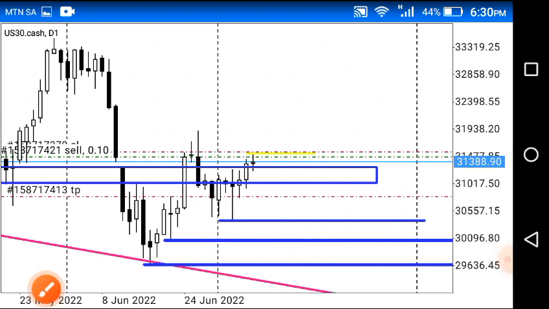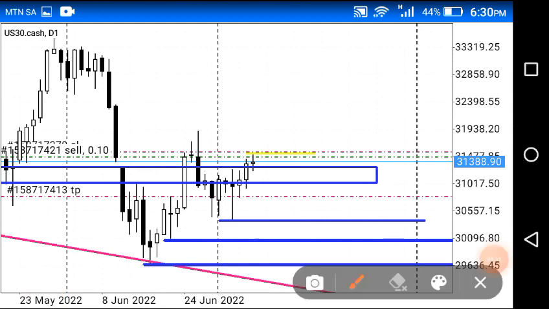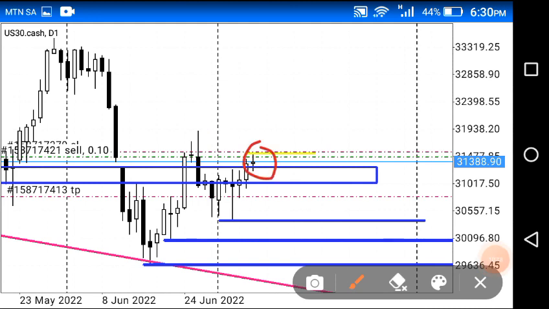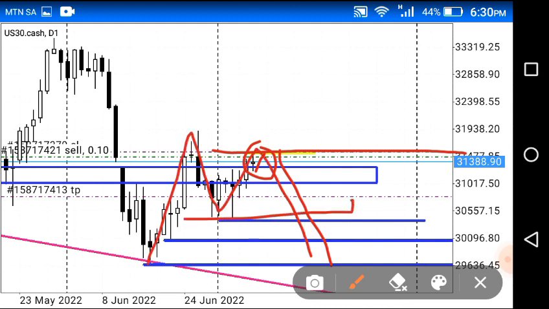As much as there is that anticipation, another thing that's happening right now is that we have what seems to be an M formation forming, with this being the first leg of the M structure and possibly this being the second leg. However, it is still early and the second leg hasn't really formed because we don't have a close of a bearish candle at this point, right? As I said, the market may still need to go up a bit to grab all of that liquidity sitting at that level, and then from there it may push further down to complete that M structure. The neckline would be somewhere around here.